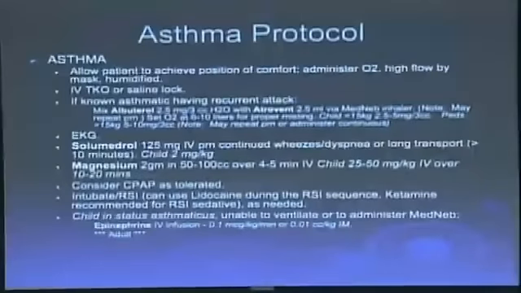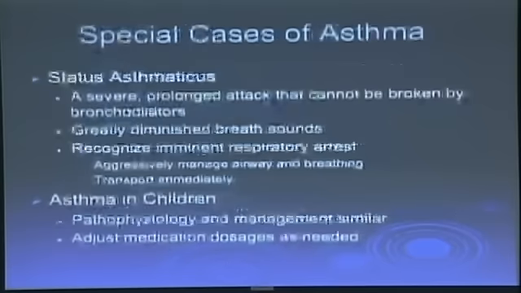I don't want somebody dying of status asthmaticus because we're too cautious about using medication that we know works. I used to use IV epinephrine all the time, even before we had developed it so nicely to be done as a drip. We used to use 0.3 milligram IV push, which has a little cardiac effect.